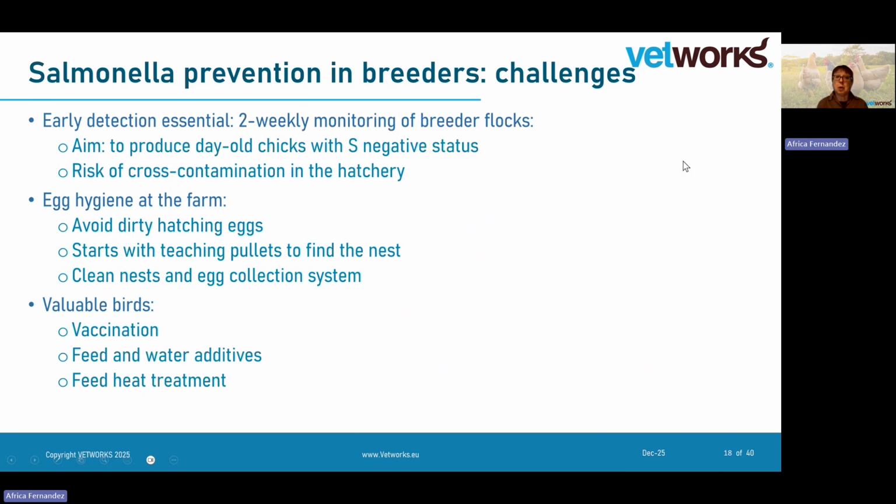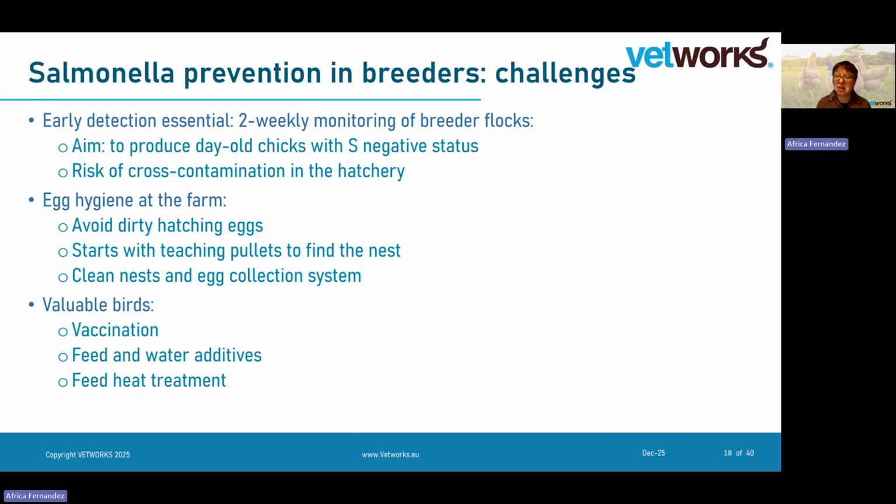So if we talk about breeders, during the laying period the monitoring program is normally every 2 weeks, and the main reason is that the objective is to produce Salmonella-free chicks, and the risk of carrying the Salmonella into the hatchery, and from the hatchery to other farms. Egg hygiene, as I mentioned, is really quite important.